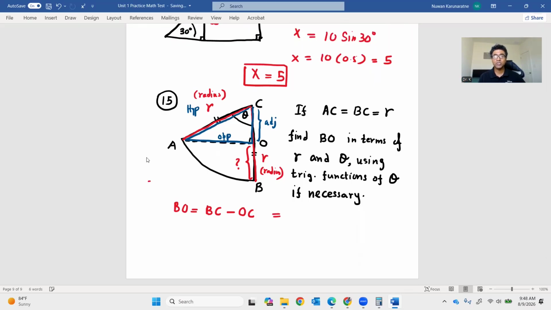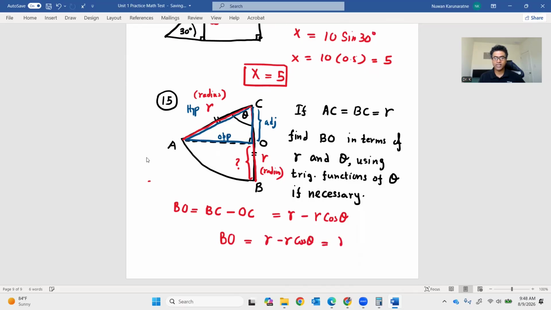So then BC is what? That's the radius R. OC is the adjacent of that right angle triangle, so that means hypotenuse times cosine theta. Hypotenuse is simply the radius times cosine theta. So then BO is simply R minus R cosine theta.